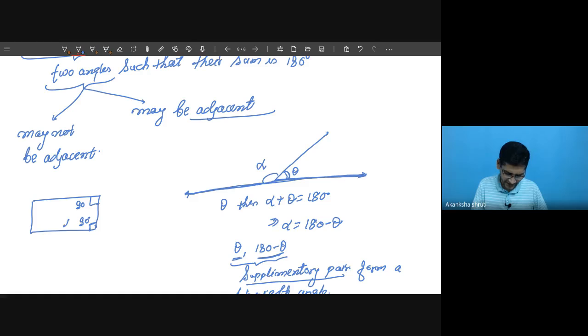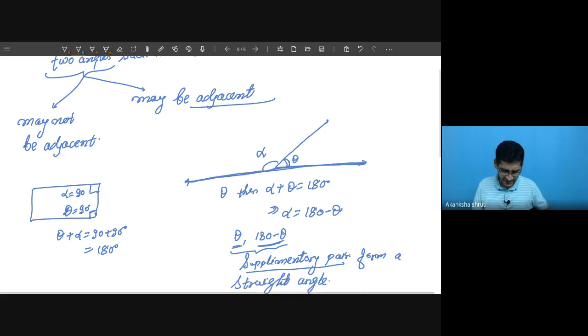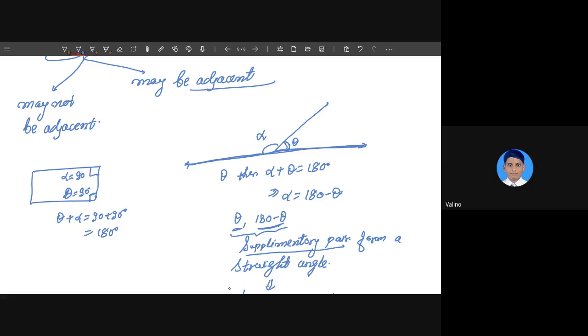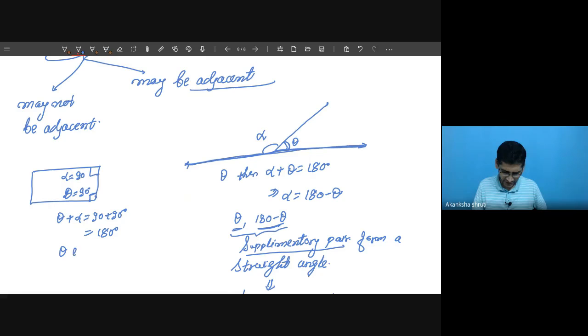Let us call this theta and this alpha. In this case, theta plus alpha is 90 plus 90, which is 180 degrees. So here also theta and alpha are supplementary.